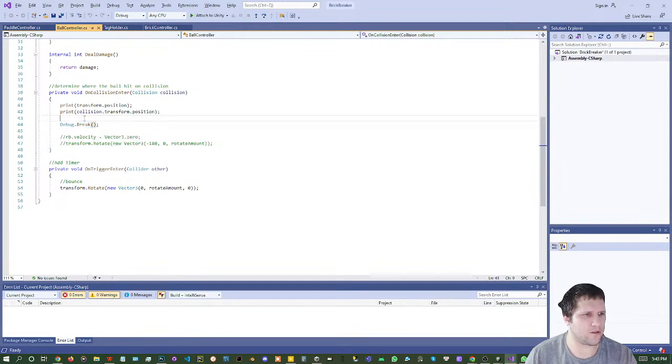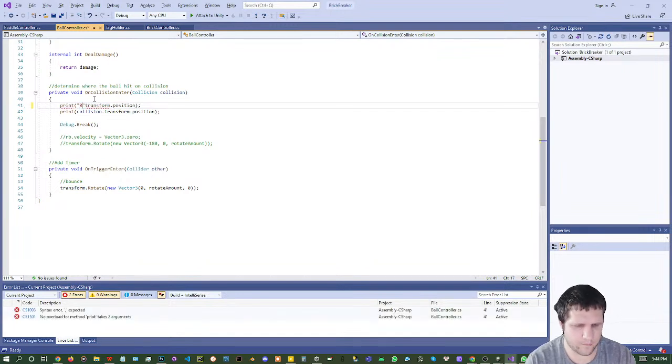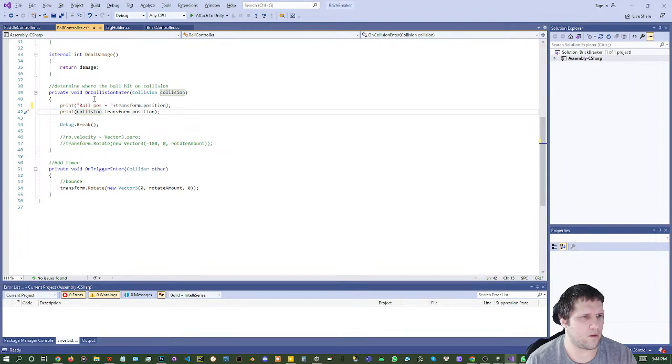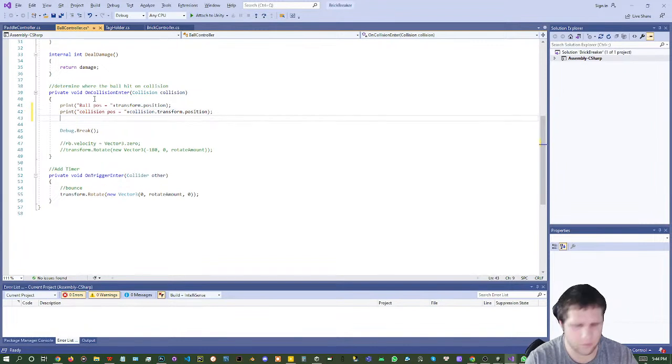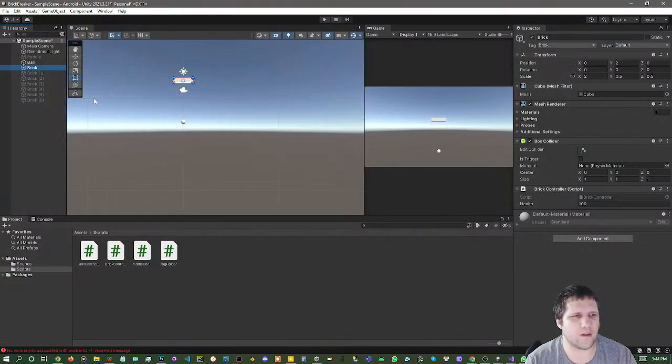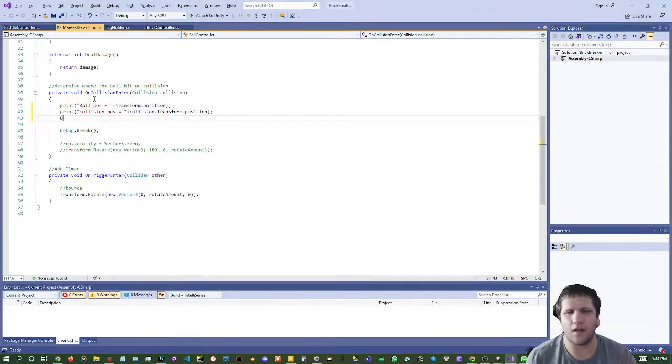So let's do this. We'll keep our debug break. We want to say ball position equals, and then let's say collision position equals, but then let's also try to get the collision collider.